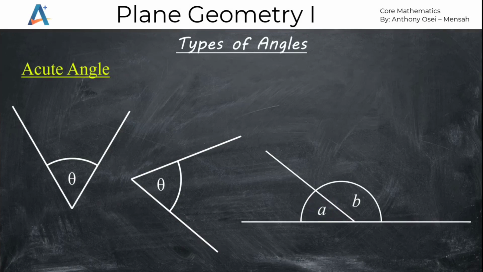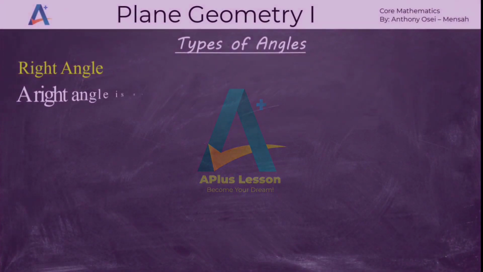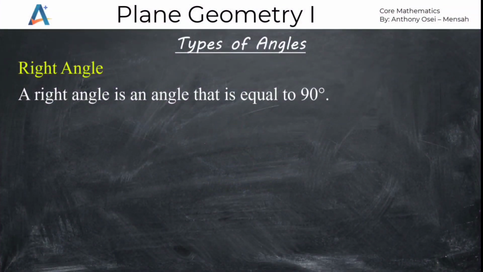Let's take a look at the next type of angle. A right angle is an angle that is equal to 90 degrees. Anything right angle is equal to 90 degrees, because it measures up to 90 degrees exactly. If you are able to measure an angle and you know that this is a right angle, when you measure that angle, you should get exactly 90 degrees. That is the meaning.